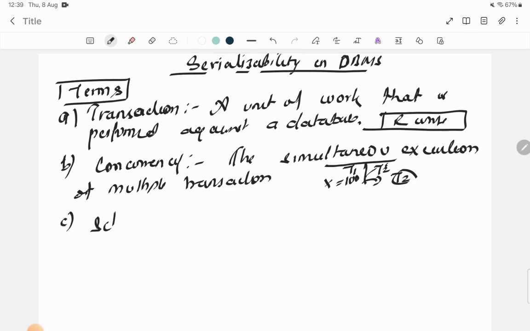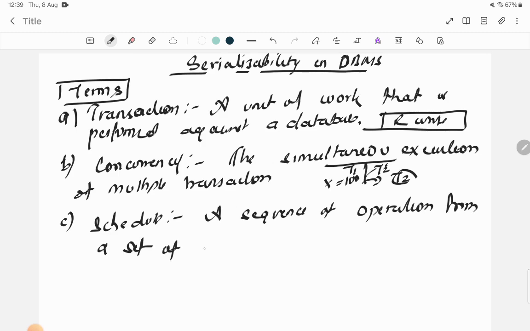The third term that we should know is schedule. A schedule is nothing but a sequence of operations from a set of transactions. How is a schedule represented?